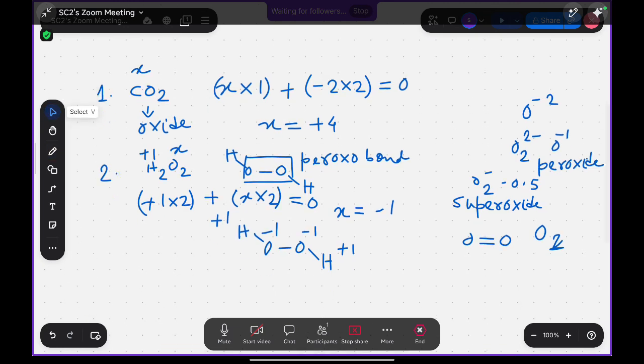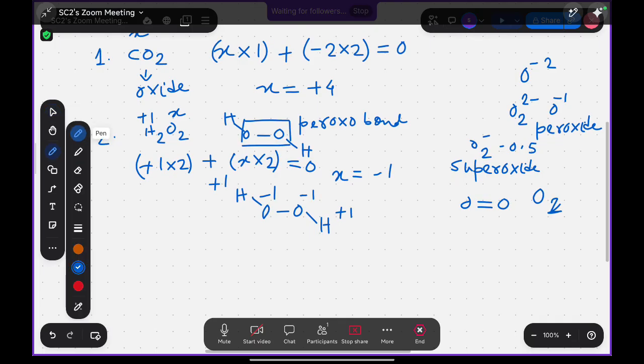Now let's move to another example. Suppose I want to calculate the oxidation state of boron in sodium borohydride. I hope you remember that in hydride compounds, whenever hydrogen is bonded to a metal or to a less electronegative element, it is called hydride and hydrogen bears a -1 charge.